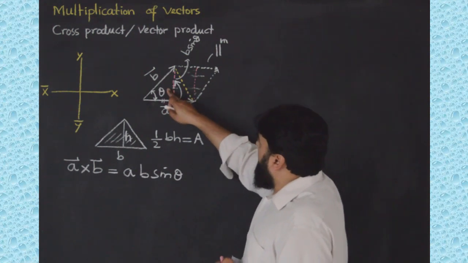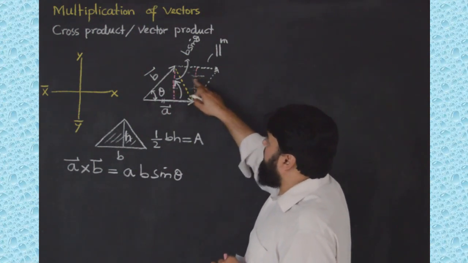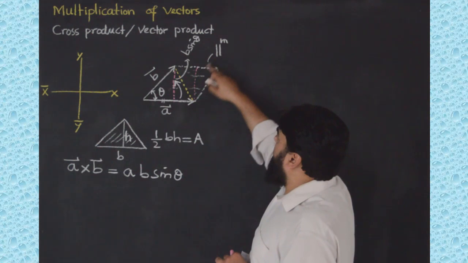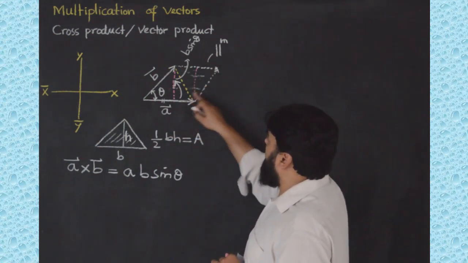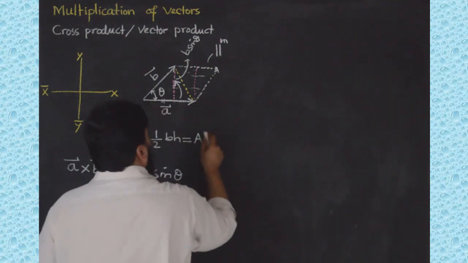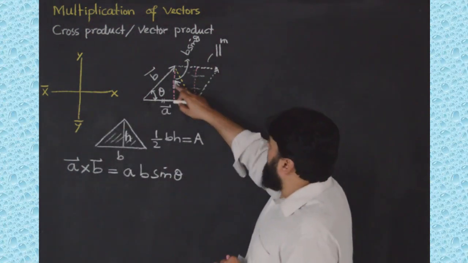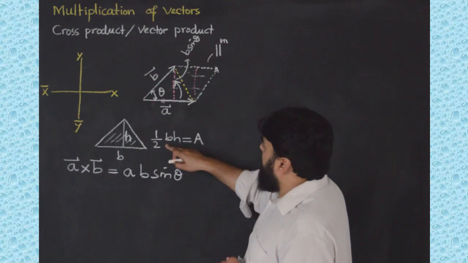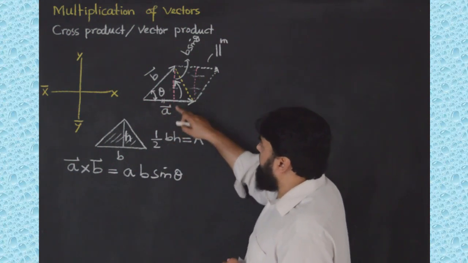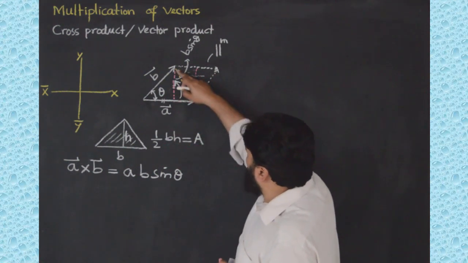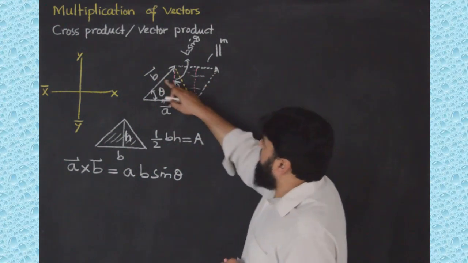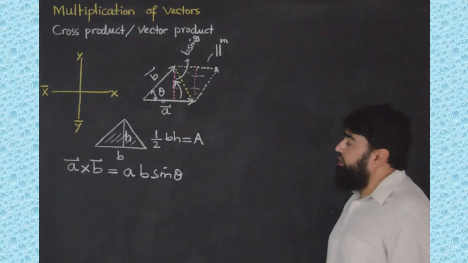So the two triangles are being added, which make a parallelepiped or parallelogram, and half BH plus half BH gives us BH. We multiply the base, which in our case is A here, and H is actually this height, which is equal to B sine theta.